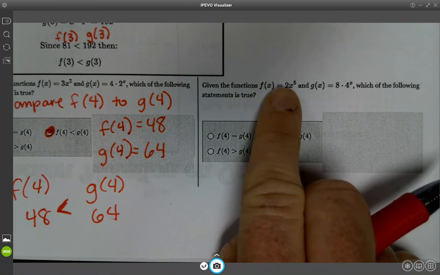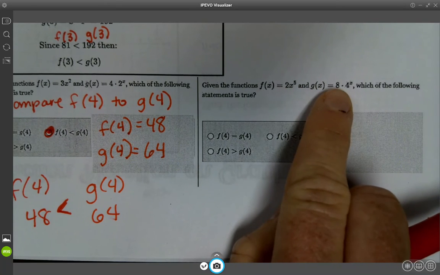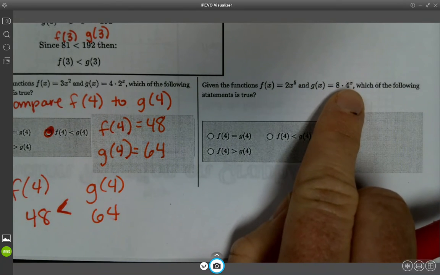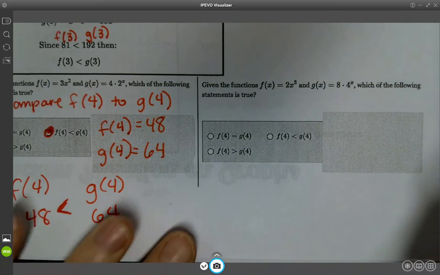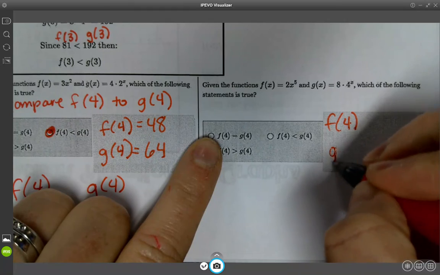F of x is 2x to the 5th, and g of x is 8 times 4 to the x. Which of the following statements is true? So we're finding f of 4 and g of 4.